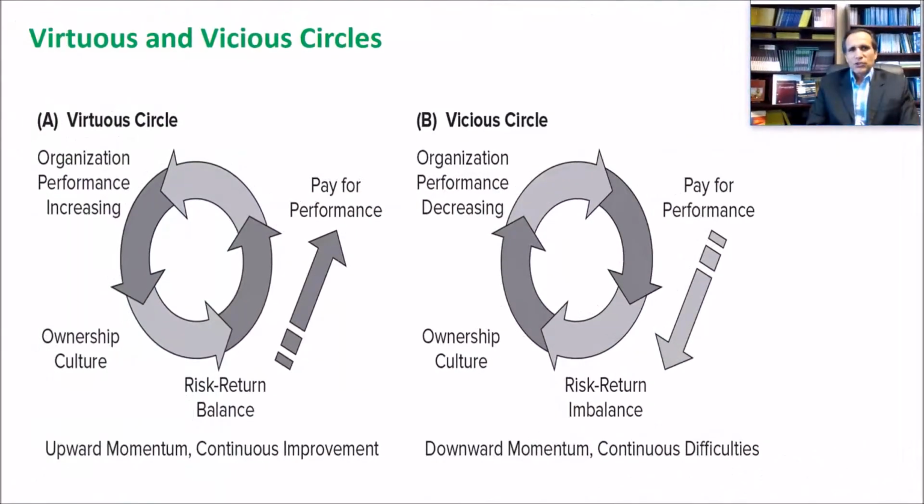In the virtuous and vicious cycle, you're concerned about many variables. In A, you can see that the organization's performance is on the rise. So the culture of ownership in the organization, where you're offering stock options, let's say, is going to perhaps have a positive influence on the risk-return balance. So pay for performance might be very useful, as you've seen in many organizations discussed in literature. On the other hand, in the vicious cycle B graph here, you can see that the performance of the organization is somewhat decreasing.